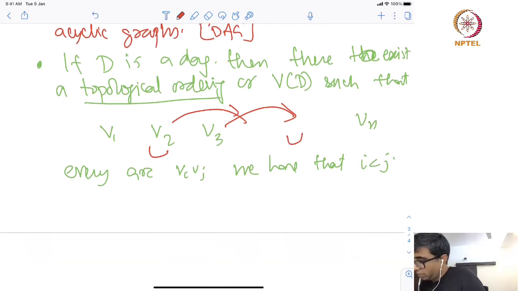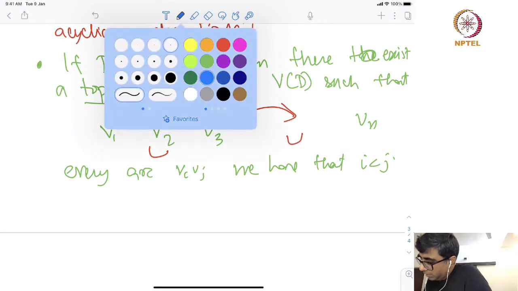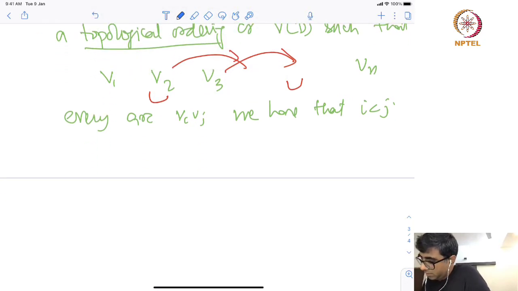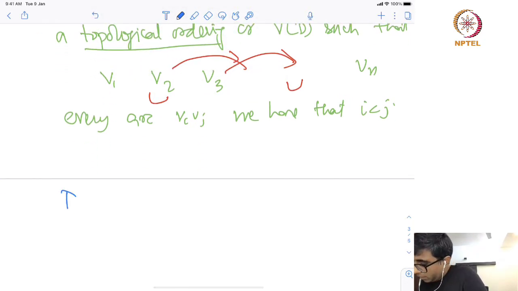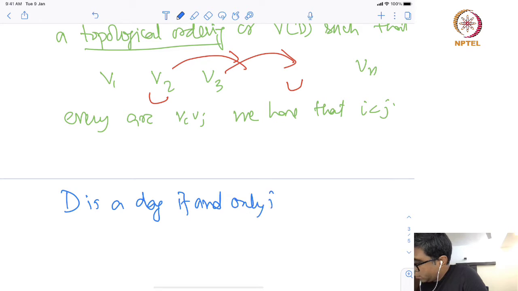And in fact, what is known is that D is a DAG if and only if D has a topological ordering.